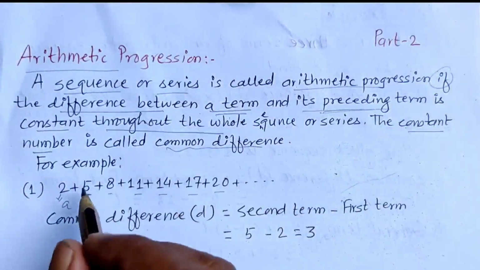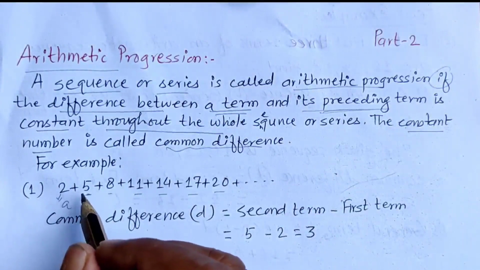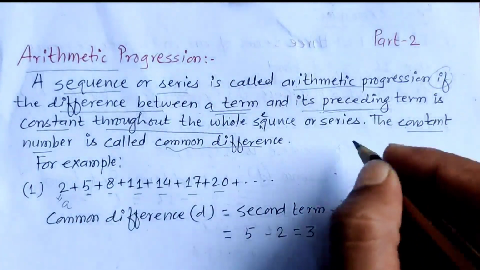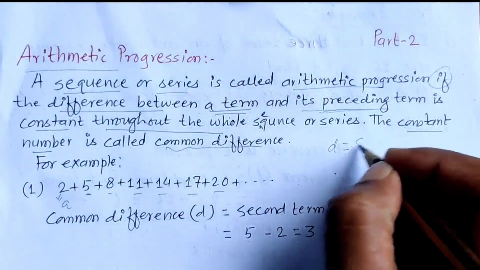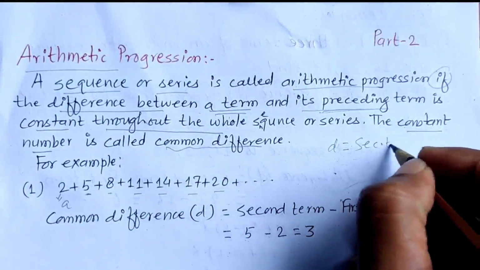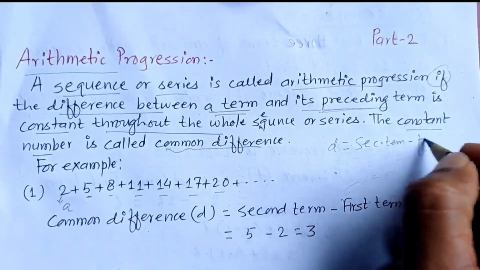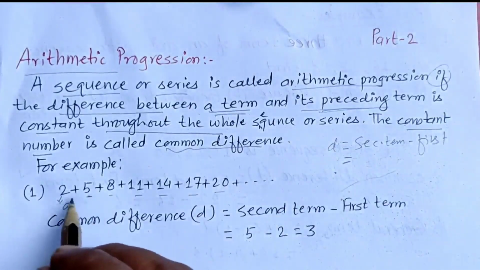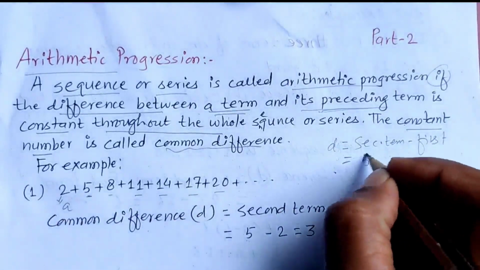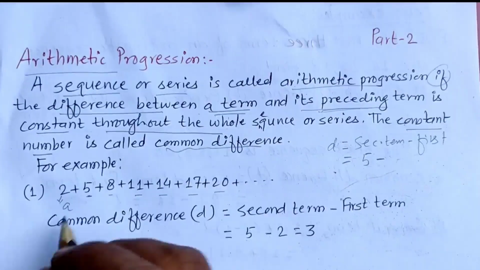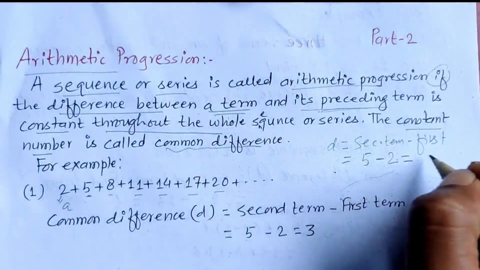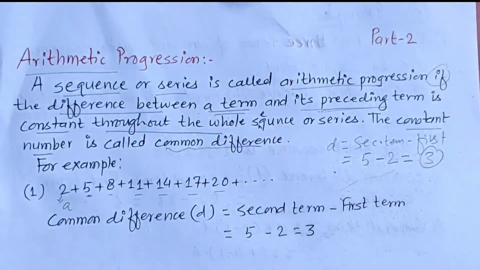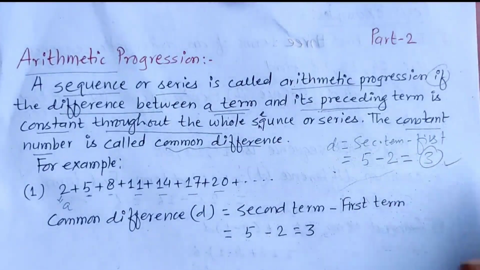Between 2 and 5 there is a difference of 3, and the difference D is equal to the second term minus the first term. In this series, the second term is 5 minus the first term 2, so 3. This 3 is called the common difference, and it is constant.